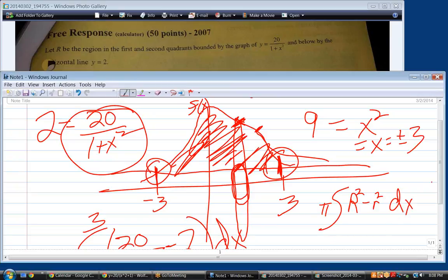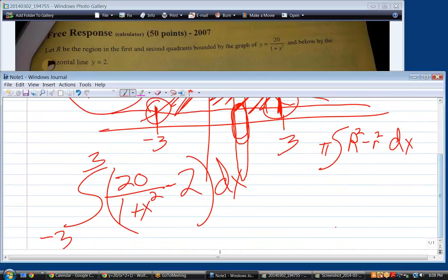R stands for radius, from -3 to 3. Big R squared is 20 over 1 plus x squared. What's little r squared? Little r is 2, so little r squared is 4.